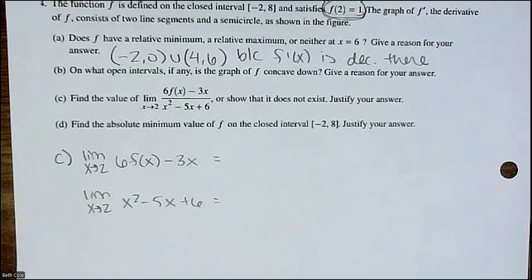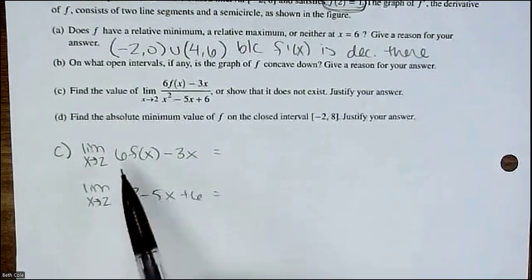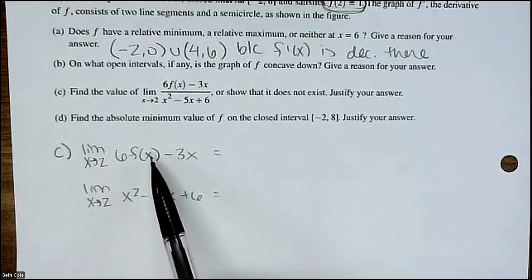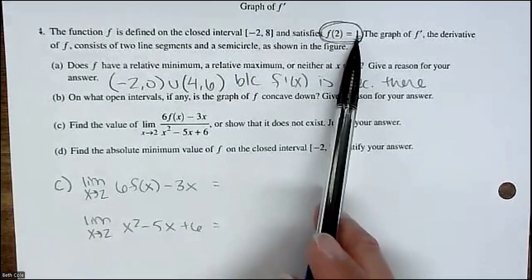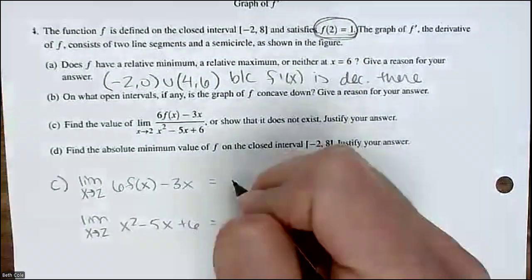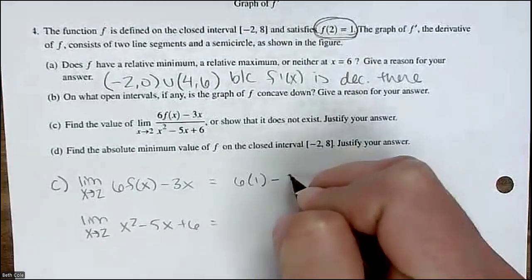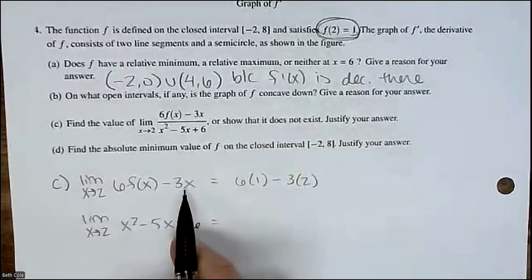Now we're going to plug in 2 to each of those. So this first one, f of 2, they either have to have just flat out handed it to you or given you a way to find it. What is f of 2? Go back somewhere. It has to be somewhere. 1, do you see that right there? So that's 6 times 1 minus 3 times 2.